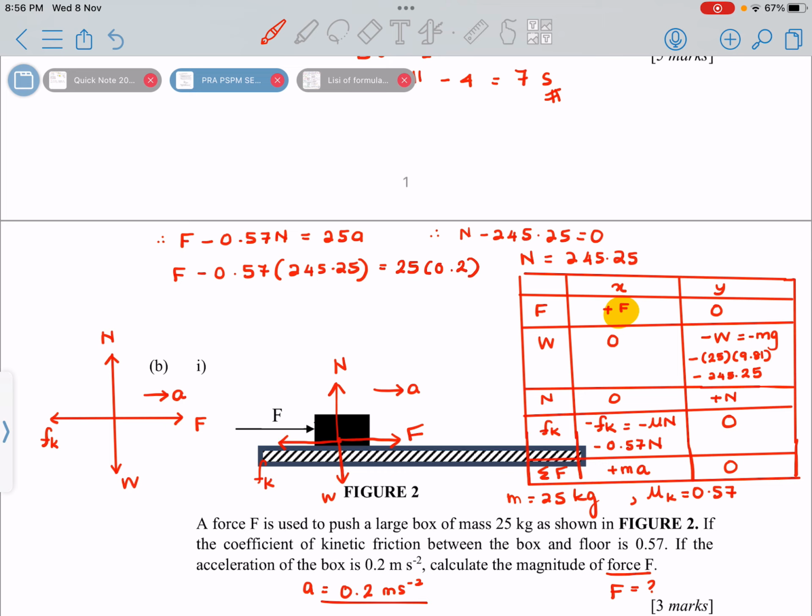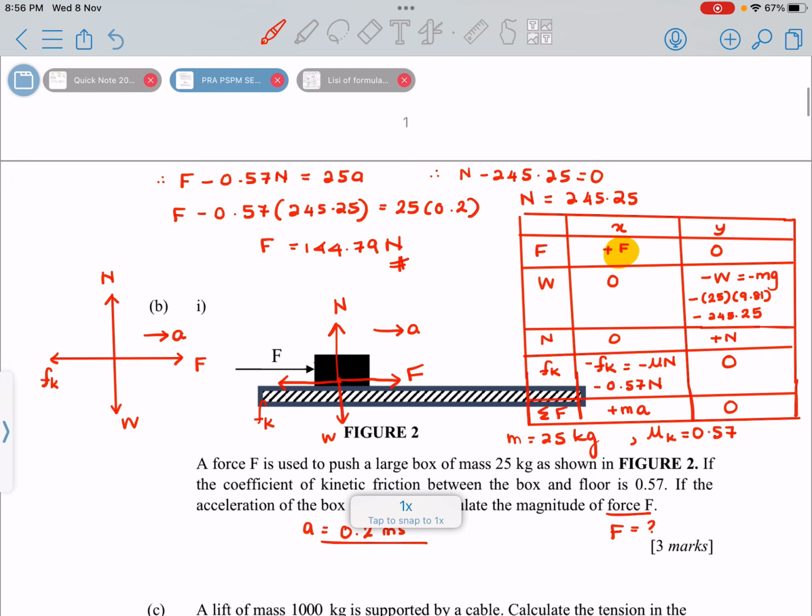So maksudnya 0.57 darab 245.25 tambah dengan 25 darab 0.2 akan dapat our force is 144.79 lah. F equals to 144.79 and okay, so that is our answer.